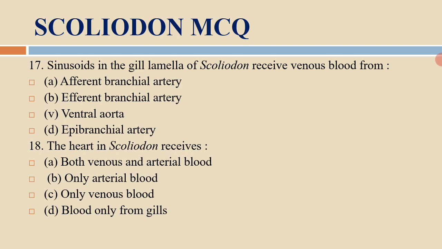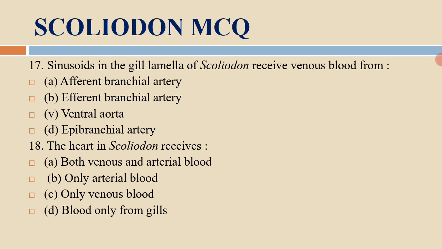Next one: the sinusoid in the gill lamellae of Scoliodon receives venous blood from. Sinusoids means small blood vessels, that is capillaries, with the help of which the blood comes into the gill lamellae or into the gill.